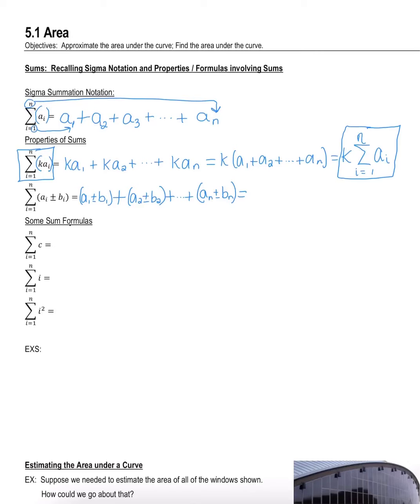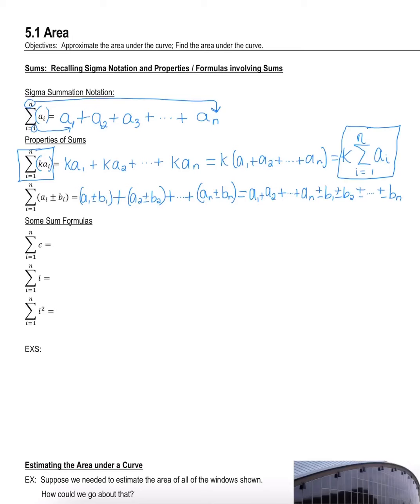All right, well, we're adding and subtracting a bunch of terms, so we can reorder those terms. So I could put all of the a terms first, so I could have the a sub 1 plus the a sub 2 plus all the way up to the a sub n term, and then I could have my plus or minus b sub 1 plus or minus b sub 2 plus or minus all the way up to plus or minus b sub n.